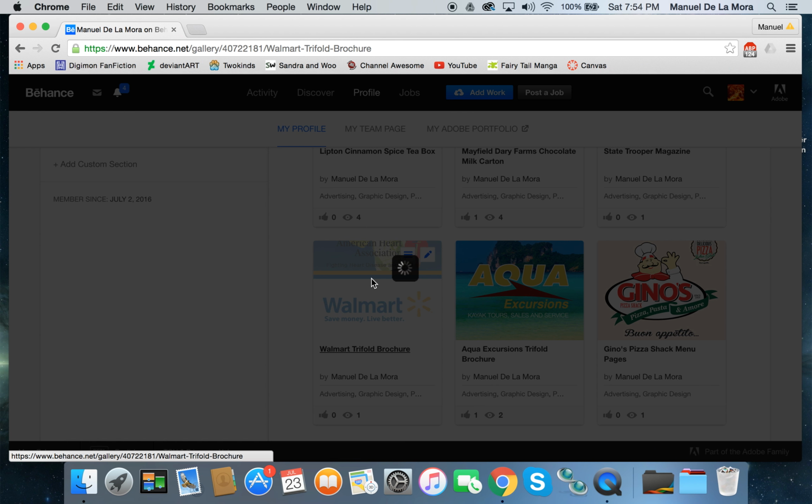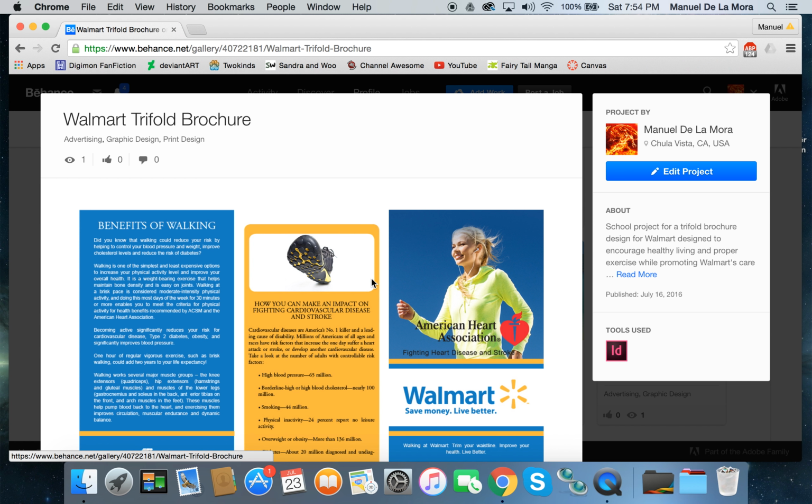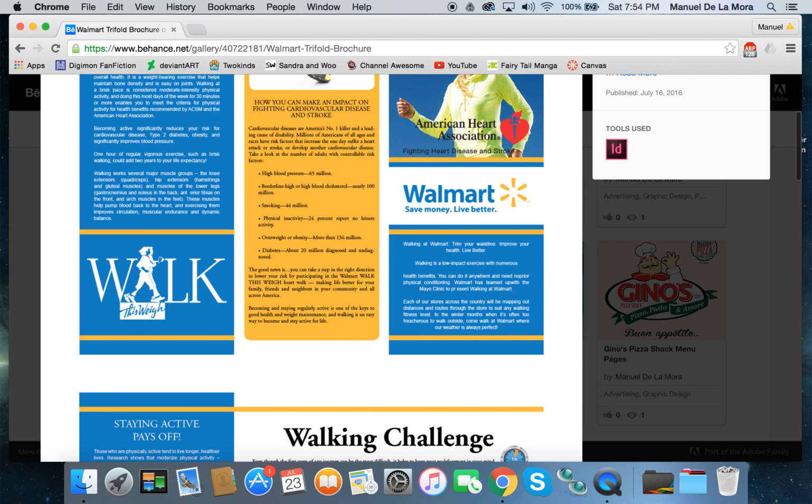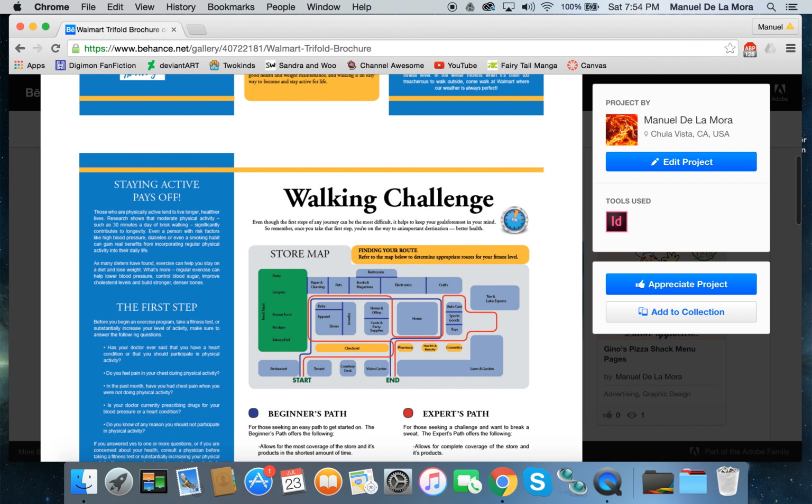Now we are moving on to my second brochure, which is the Walmart brochure. Now, you can see, like I said, there's the blue, there's the orange, there's the white, and I incorporated that throughout the design, as you can see.